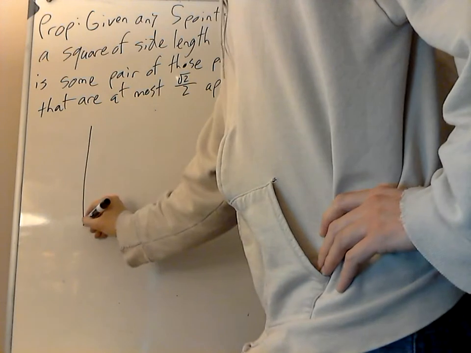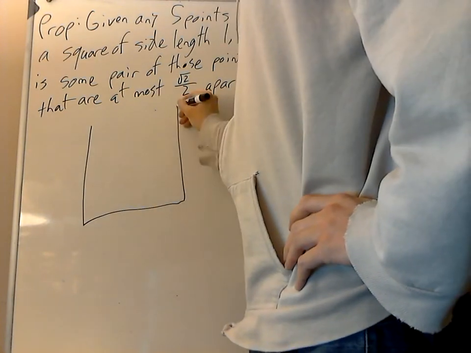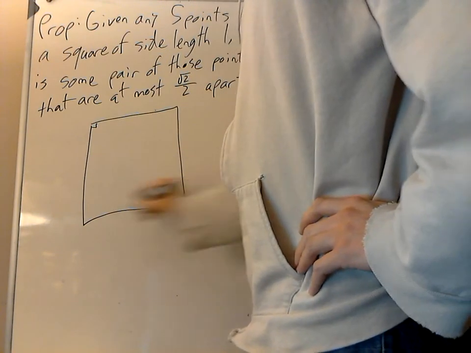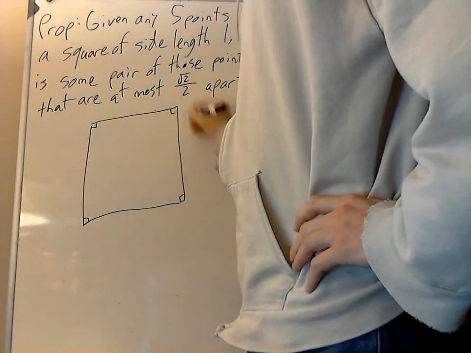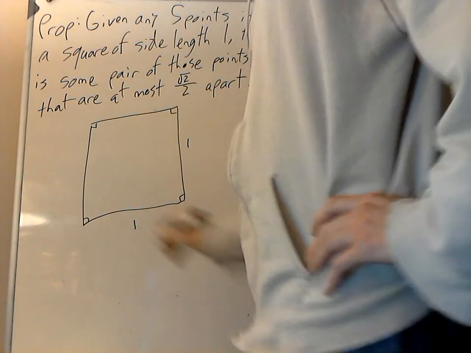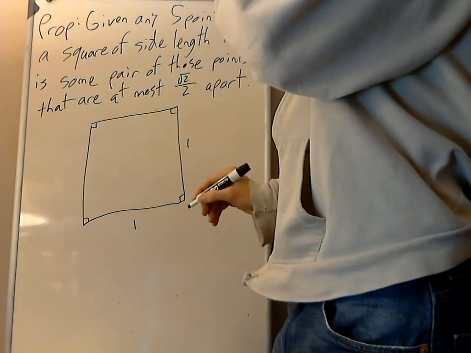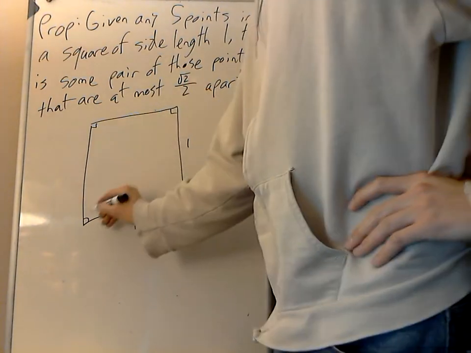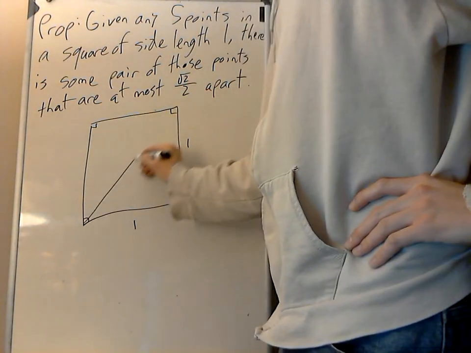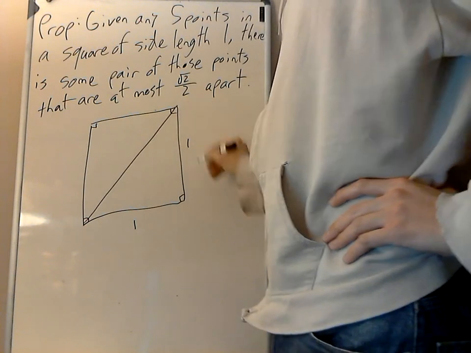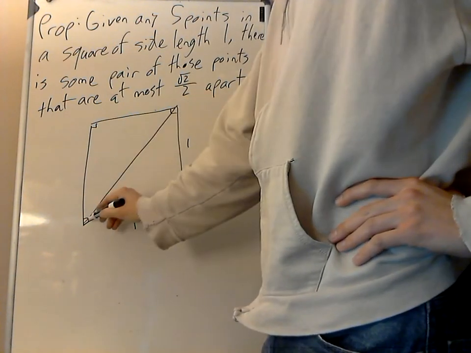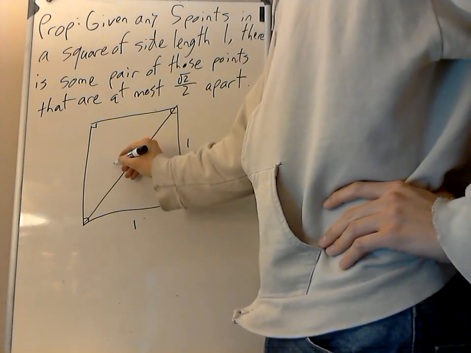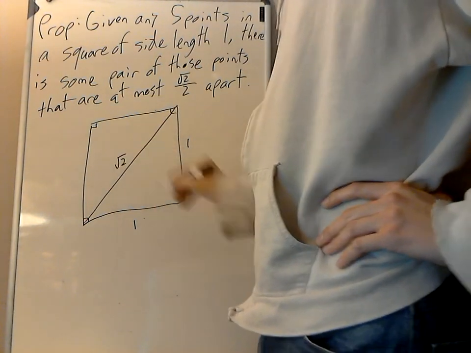So let's first draw our 1 by 1 square here. Now, you may recall that by the Pythagorean theorem, the length of the hypotenuse of a right triangle, where both the lengths of the legs are 1, is the square root of 2.